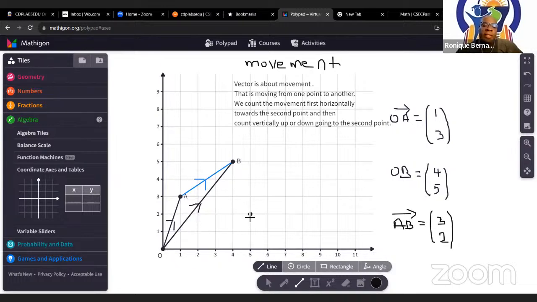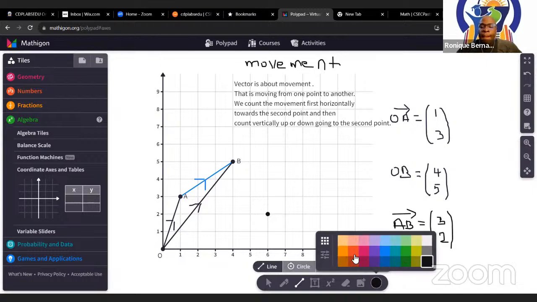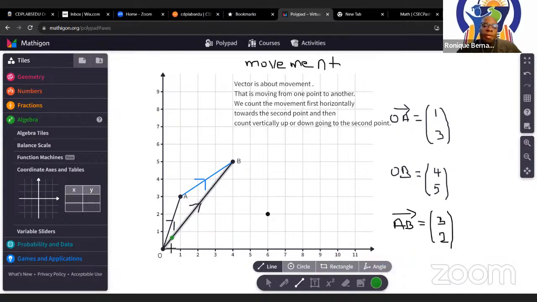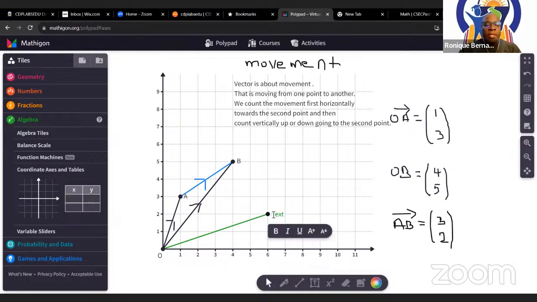Let's try this one. Draw the vector, the different line. Let's use green rather. I'm going to call that point C. Brianna, could you tell us what this vector is?